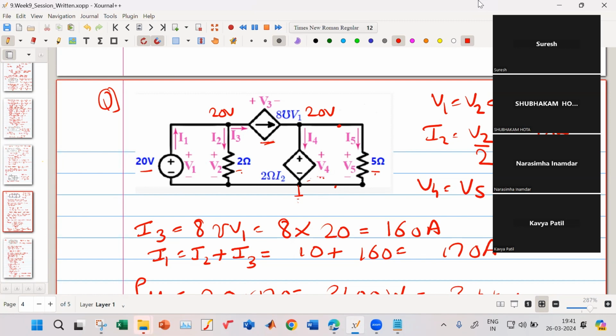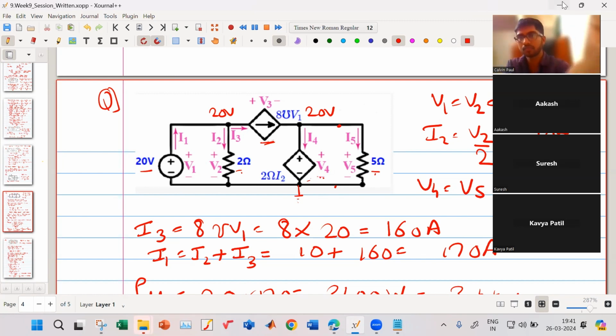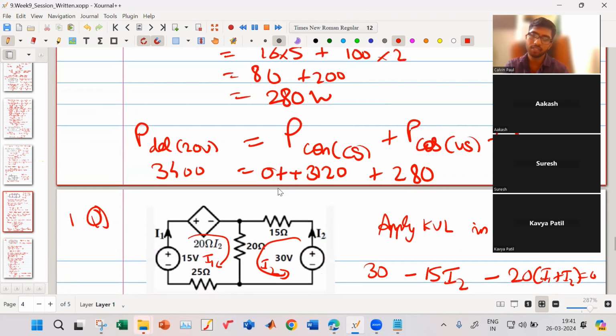Which sensors are you using? Sir, we have plans, still we have not implemented. We have planned to use a heartbeat sensor, temperature sensor, and pulse oximeter. Okay.